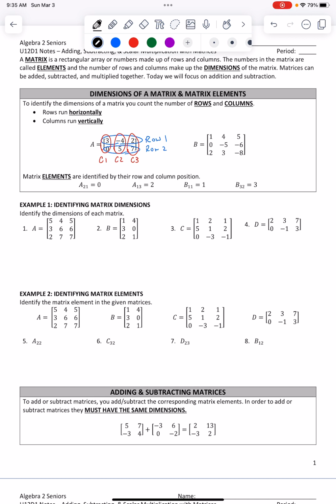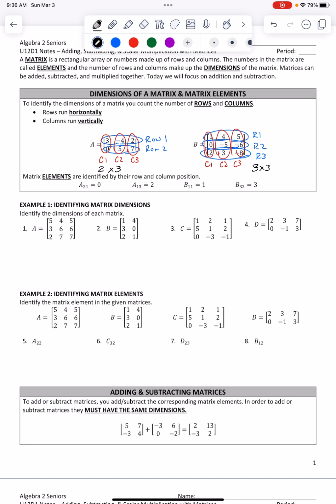So since there are 2 rows and 3 columns, this is a 2 by 3 matrix. If we look at matrix B, there are 3 rows and 3 columns. So this matrix would be a 3 by 3 matrix.